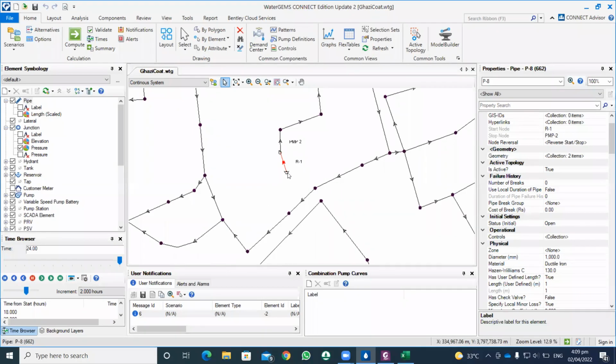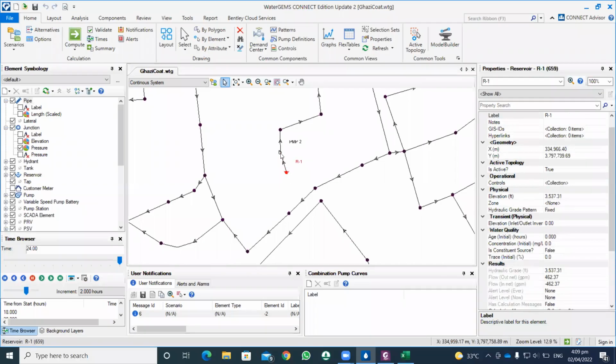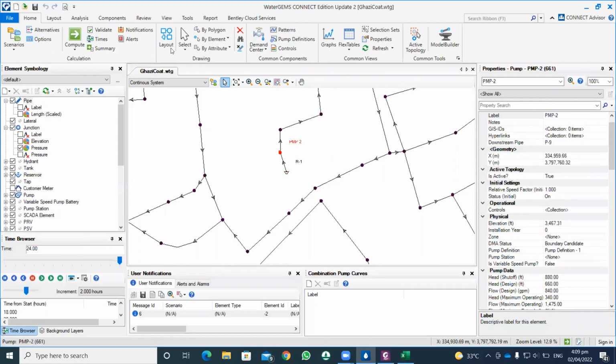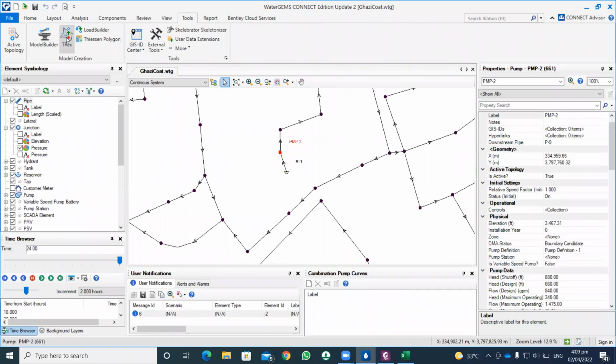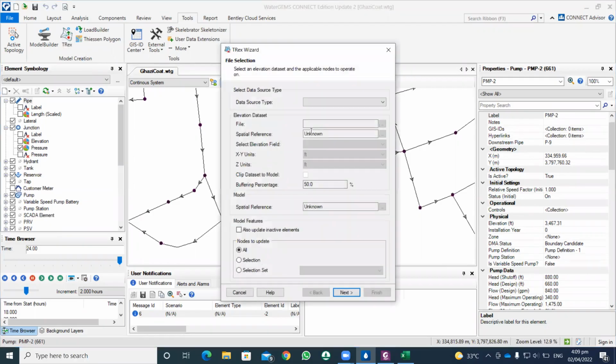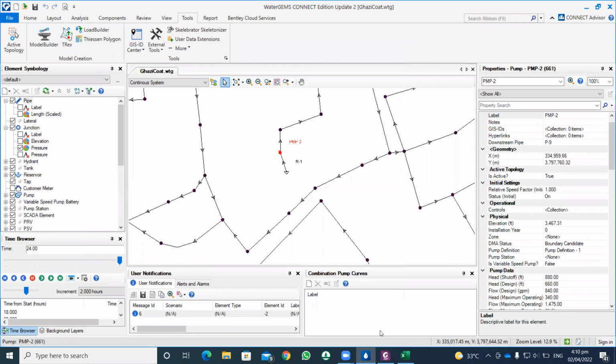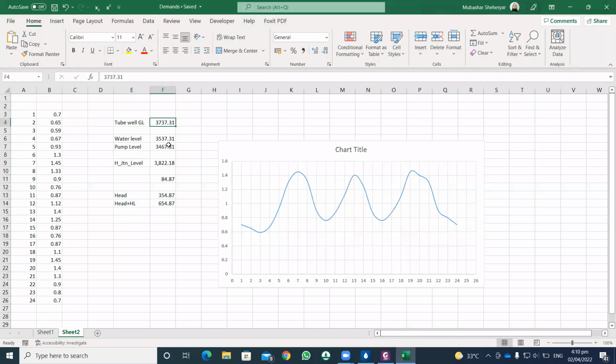So what I did, I calculated the elevation of the pump and reservoir using the TRex tool. I made a selection of these two elements, and then using that selection, I calculated the elevation of these elements, and then using these elevations, I calculated the water level and the pump level.